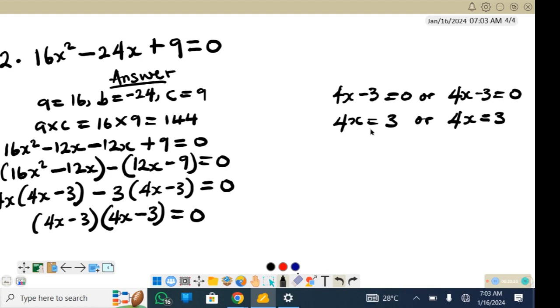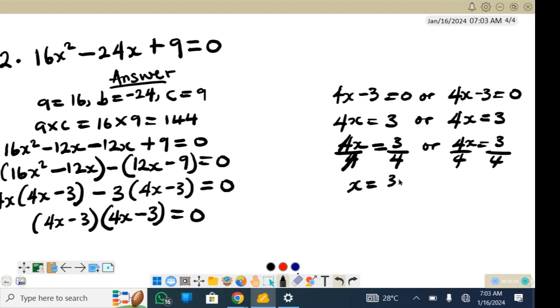So when you divide both sides by 4 here, you have 4s over 4 equals to 3 over 4, or 4s over 4 equals to 3 over 4. So this one here and this one will cancel out. I have s equals to 3 over 4, or this one will cancel this one. I have s equals to 3 over 4. So you can see that our solutions are the same.